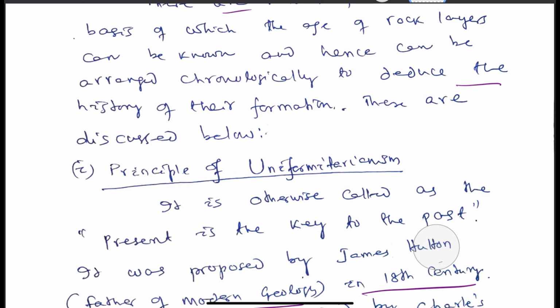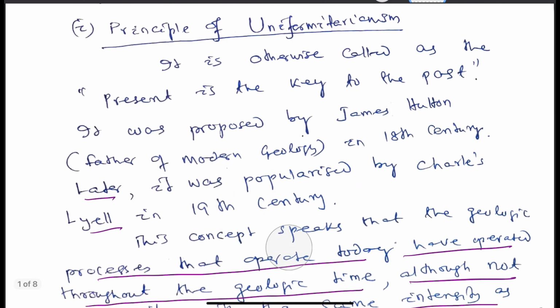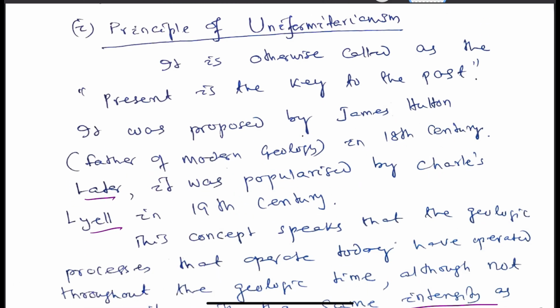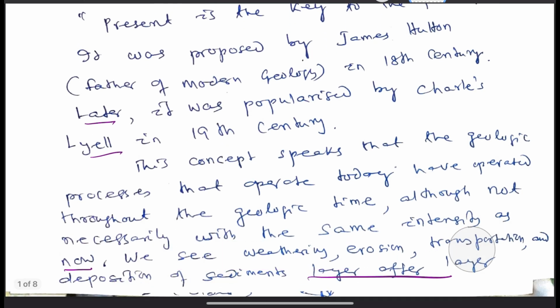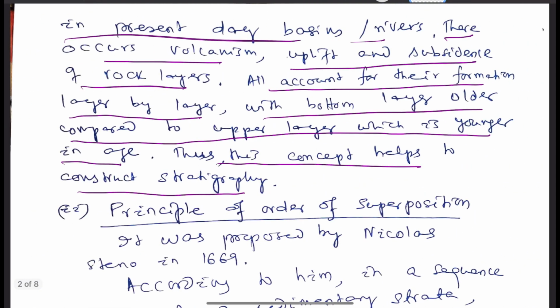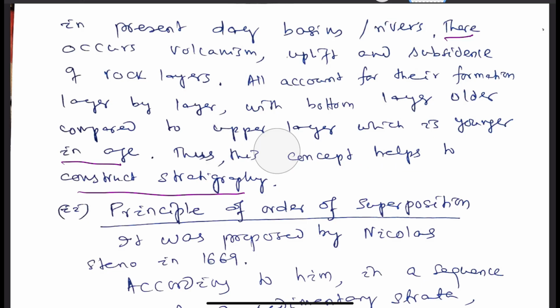This principle of uniformitarianism, which was proposed by James Hutton, Hutton's concept, was popularized by Charles Lyell, and it is one of the major concepts of stratigraphy, which explains how strata are arranged with older rocks at the bottom and the younger rocks at the top.